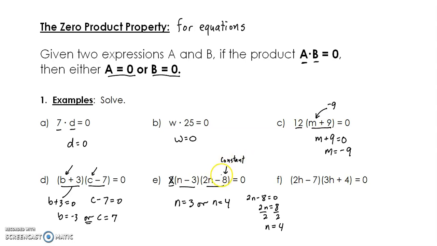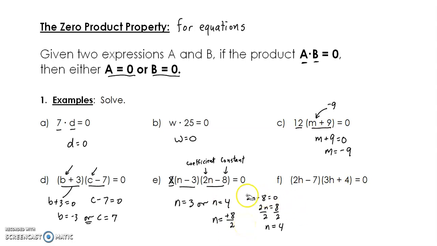So you're going to take the opposite of the constant and divide it by the coefficient. In other words, positive 8 over 2. All right, n equals 4. So I'm emphasizing that we're taking the opposite of the -8 over 2. And that's how we're going to work these questions through.